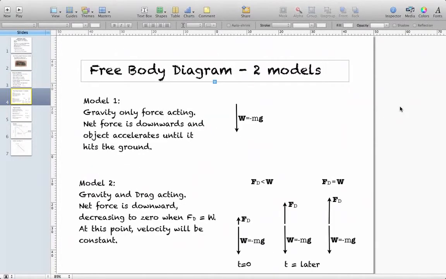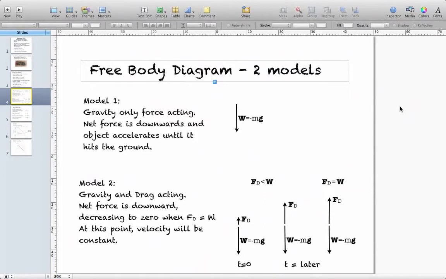So the free body diagram for the two cases: in the first model it's only gravity acting, and as we'd expect with a non-zero net force, the body will exhibit an acceleration which will increase the velocity until it hits the ground. In the second model, as the velocity increases, we would expect to see the drag force increasing, and that will counteract the force of gravity as we go on.